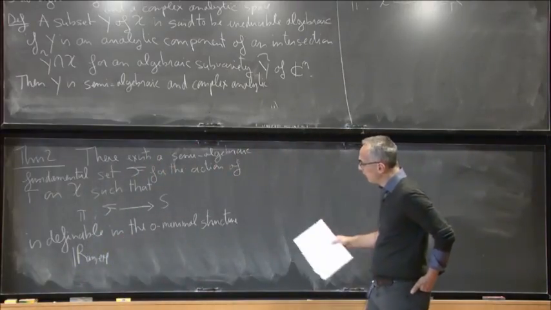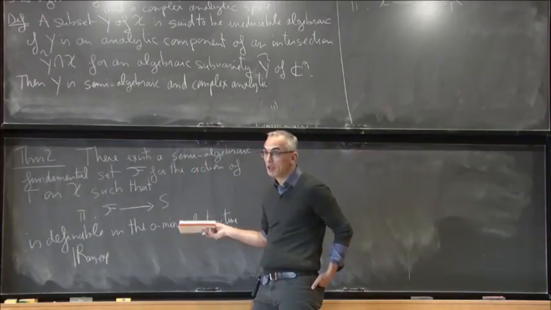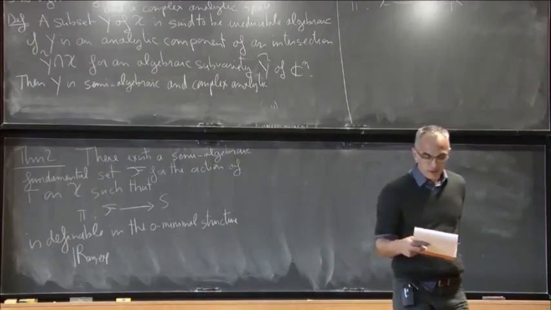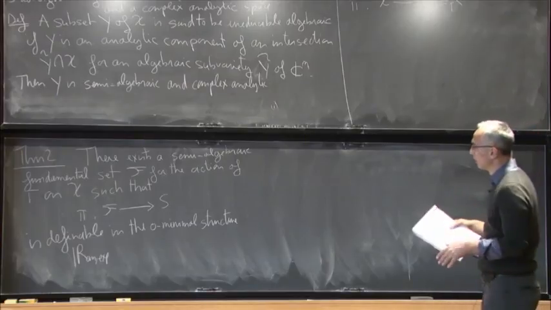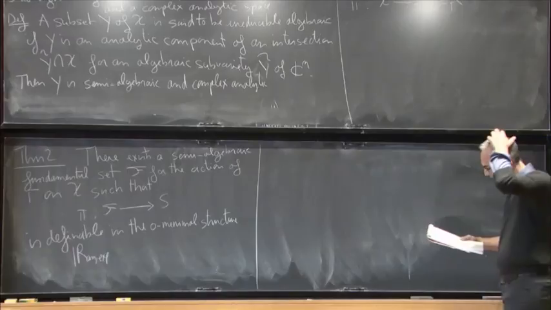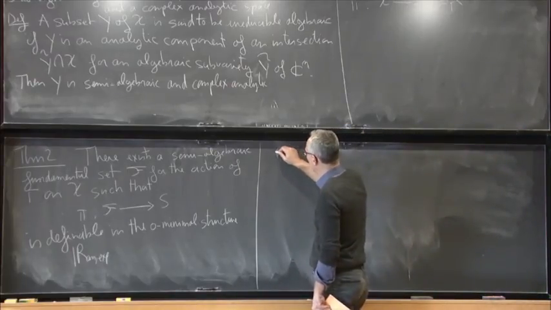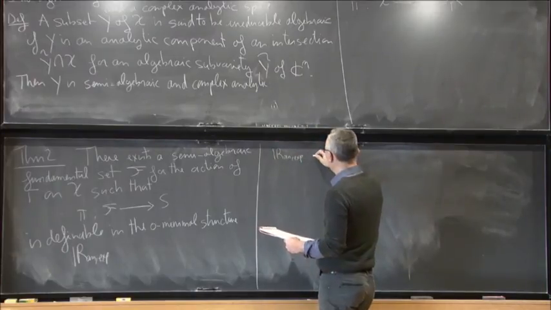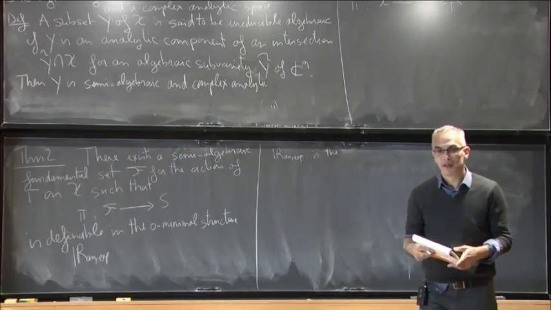So I have to explain what the structure R_an,exp is, and what it means that it's o-minimal. I must say the least, but to give an idea at least. What do you mean by fundamental set?